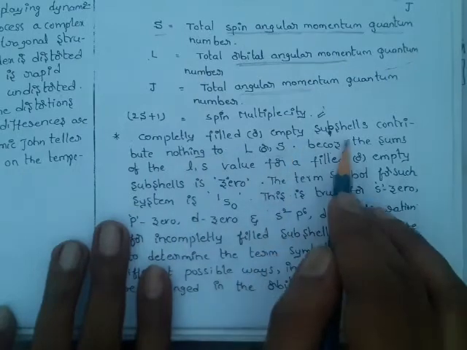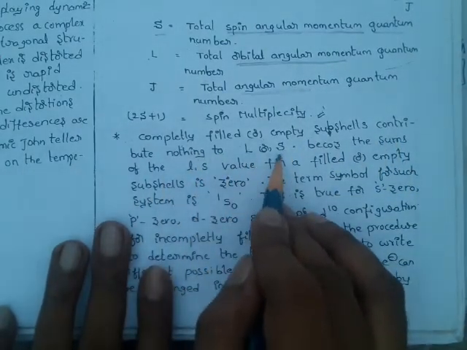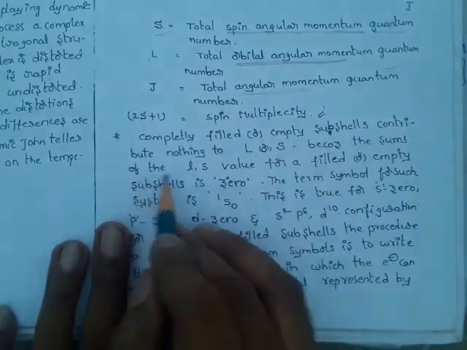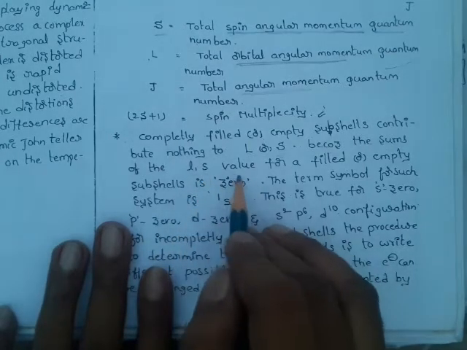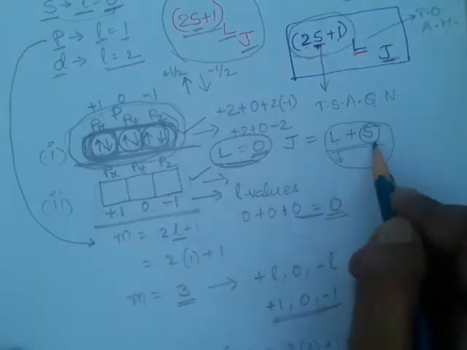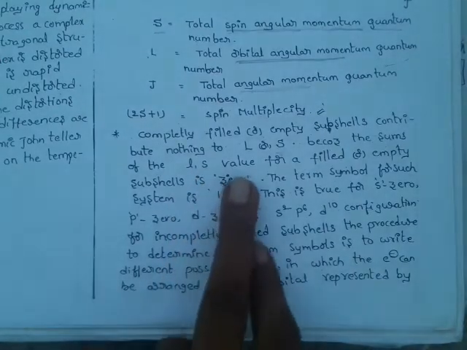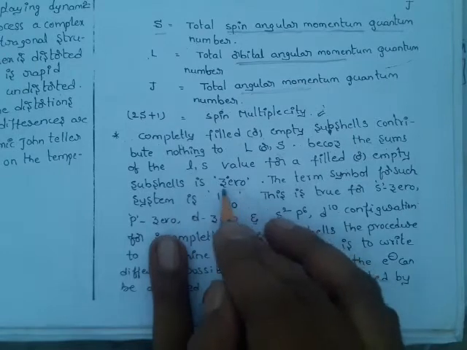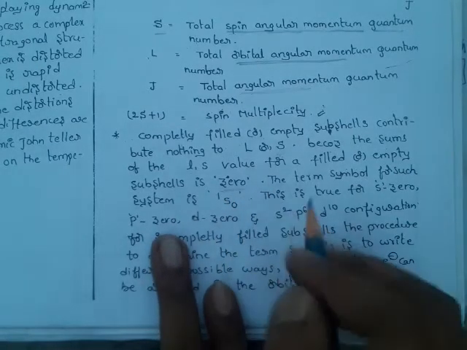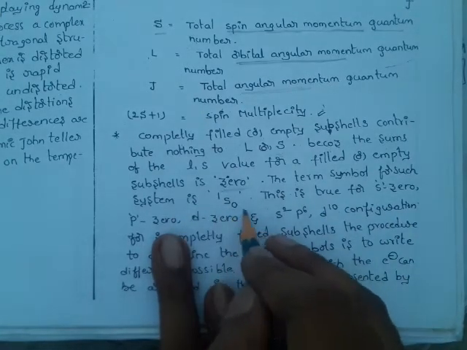Completely filled or empty subshells contribute nothing to L or S because the sums of L, S, total L value 0, S value 0, L plus S value 0. The total of L, S value for a filled or empty subshell is 0. Then the term symbol for such a system is 1S0.